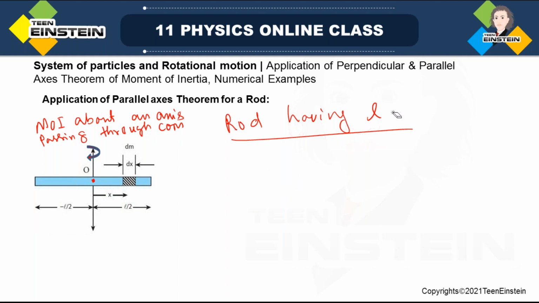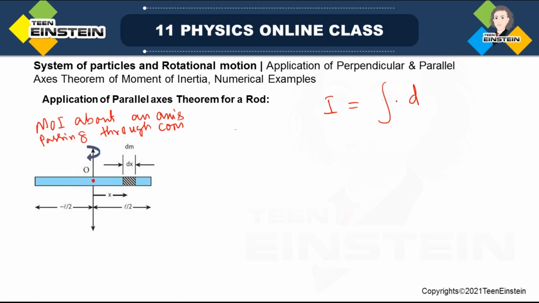The rod has length L. I'll write down the definition we know. Since this has a continuous mass distribution, I will be applying this formula, integral of dm into x square.